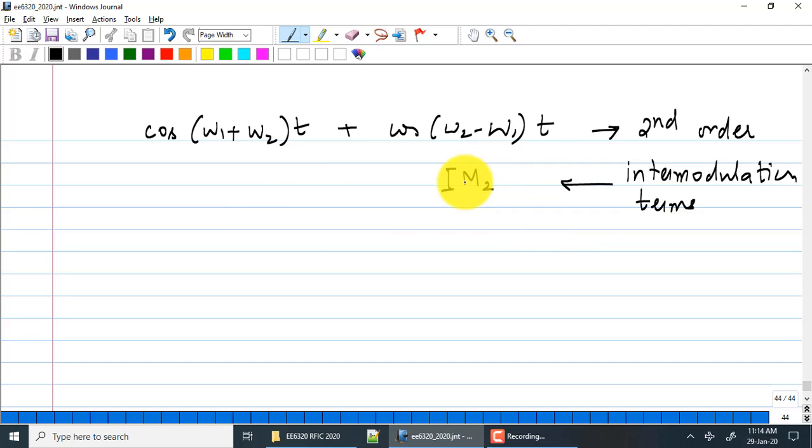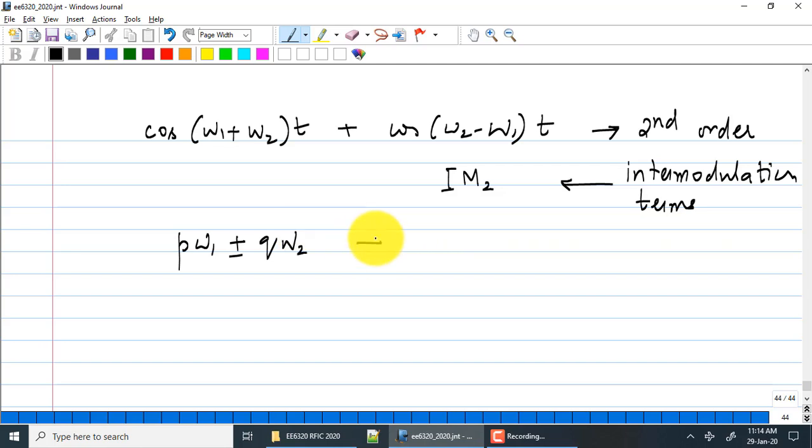What do I mean by that? So in general, now you can extend out because we are going to start looking at it. If you get P omega 1 plus or minus Q omega 2 terms, right? You will in general get it for a higher order nonlinearity, where P can range from 1, 2, 3, 4. Q can also range from 1, 2, 3, 4. Right?